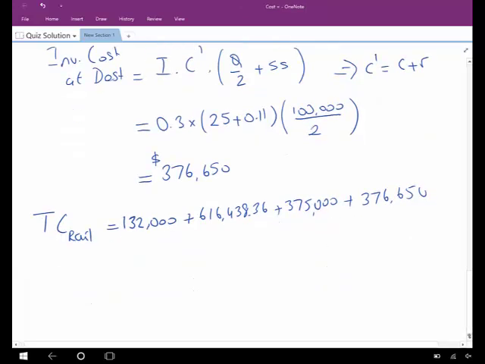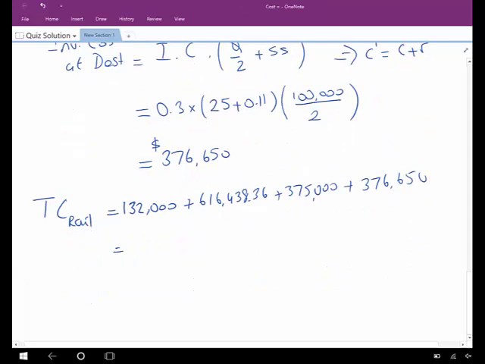So the total cost of rail is equal to $1,500,088.36. So in one year, if I use rail, the total cost is going to be $1.5 million, and only 132,000 of that is actually shipping. The rest is the inventory impact of that choice. Next, let's do truck.